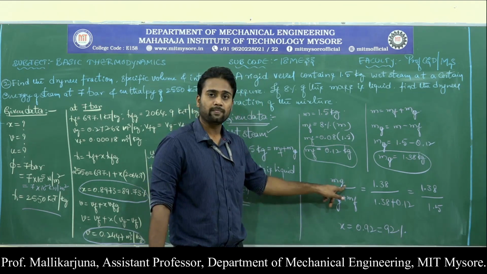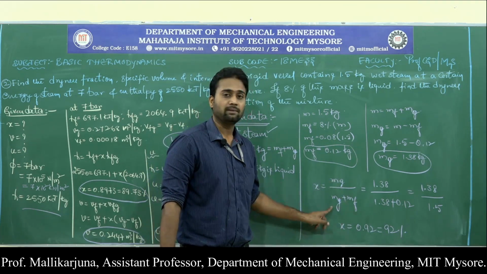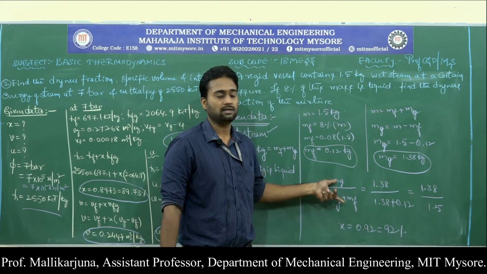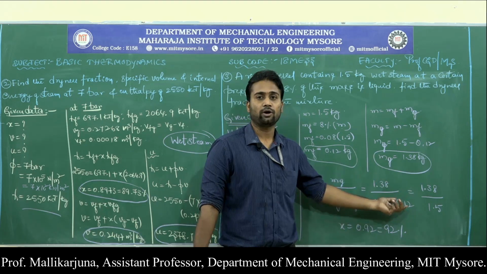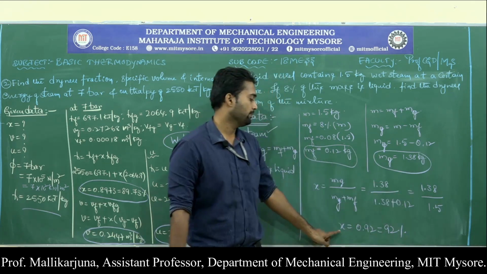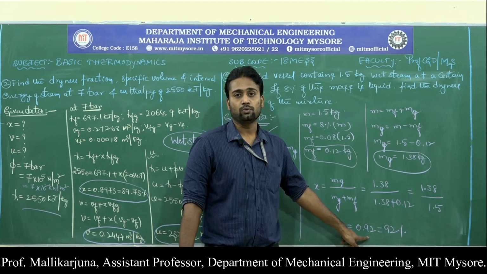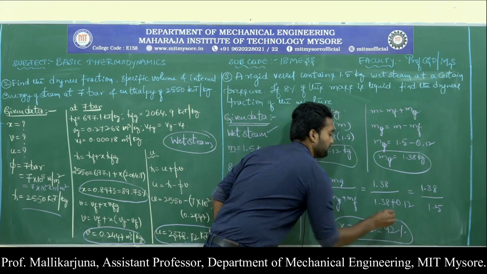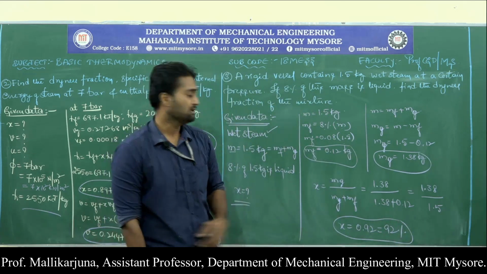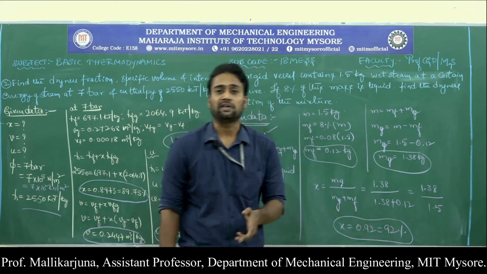Vapor is denoted by mg, mixture is denoted by mg plus mf, as simple as that. We are aware of the mass: 1.38 divided by 1.38 plus 0.12, that turns out to be 0.92 or 92%. That means the steam they have mentioned to us is 92% dry.